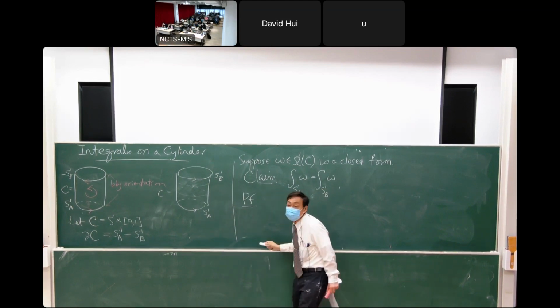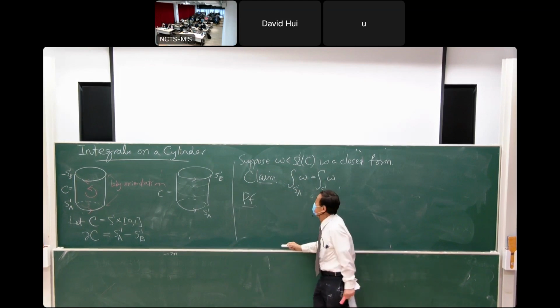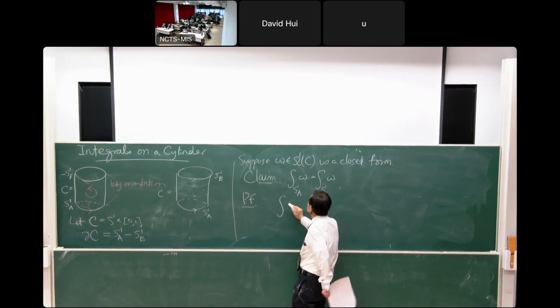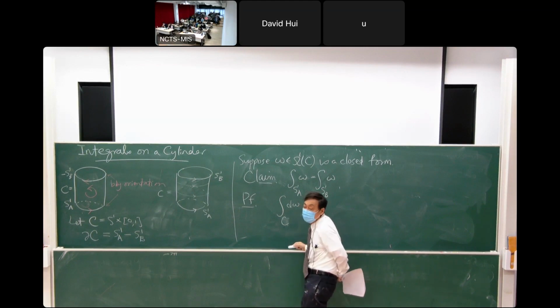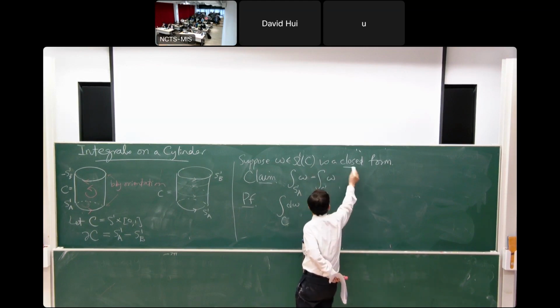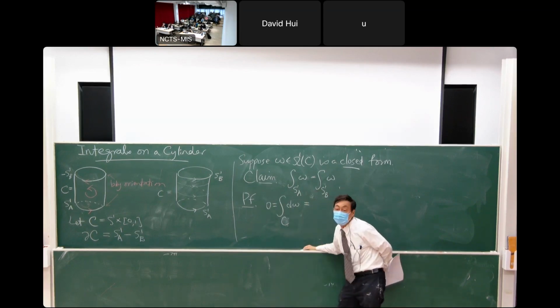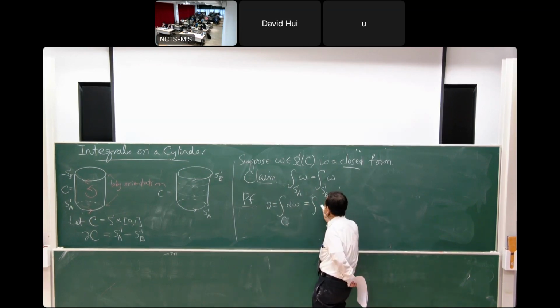And the proof is Stokes theorem, because the integral of d omega on C is 0 since omega is closed. And by Stokes theorem, it's the integral of omega over the boundary.